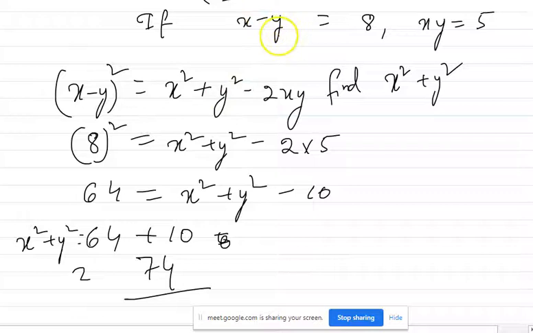X minus y means 8, I put in; x square plus y square is what we have to find. 2xy, the value of xy is 5, so 2 5s are 10, so 8 8s are 64. So x square plus y square minus 2 into 5 is 10, so 64, minus goes to that side, so plus, so 64 plus 10 is how much? 74. Done. Any doubt, tell me. So one more time you understand.